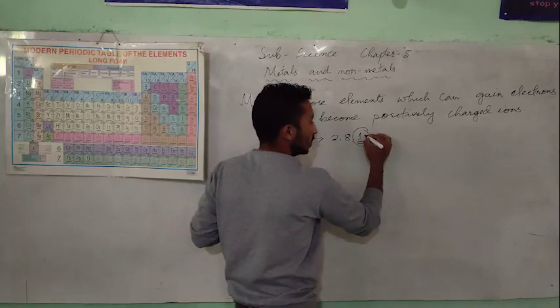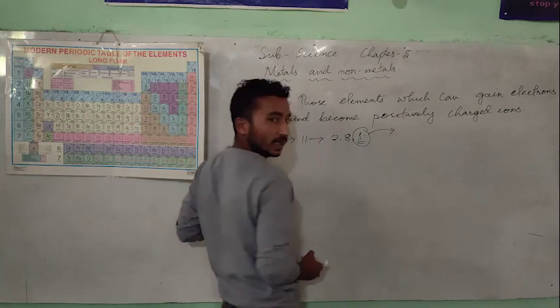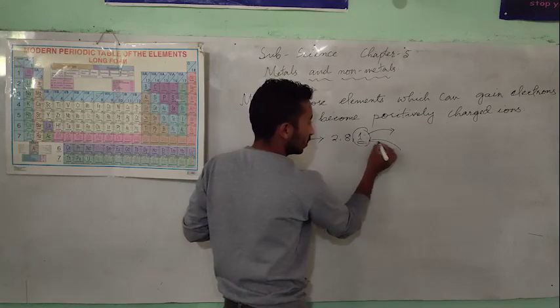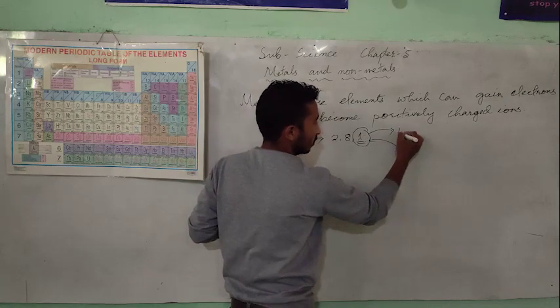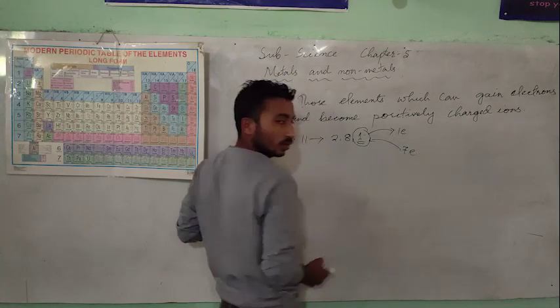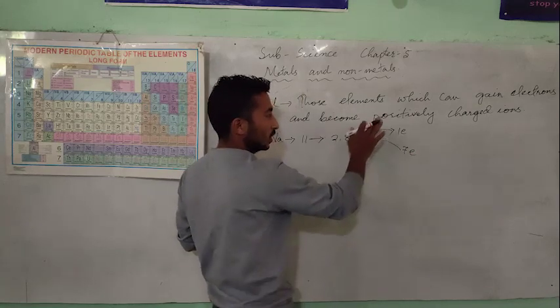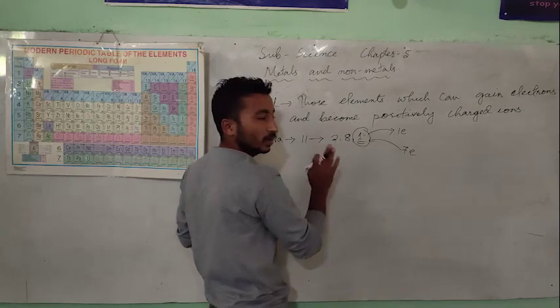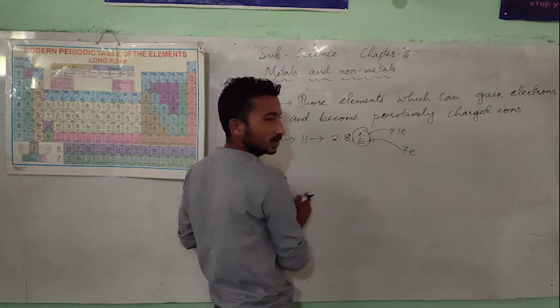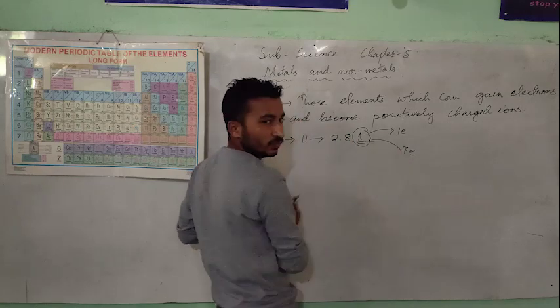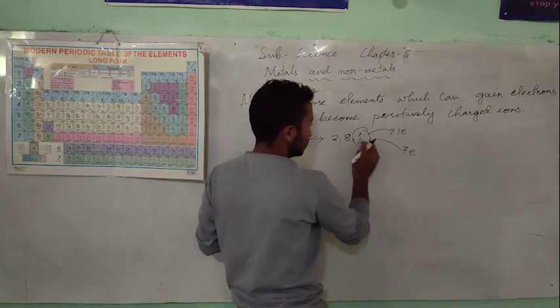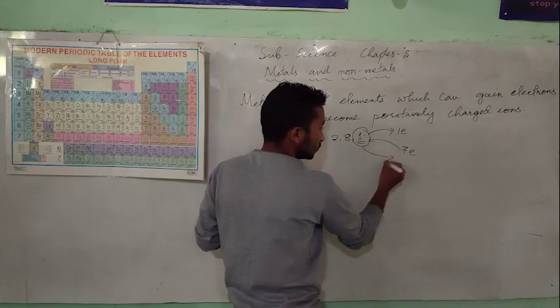For that, sodium needs to lose this 1 electron, or take 7 electrons from outside. Losing 1 electron is easier and requires less energy than gaining 7 electrons, so sodium will give out this 1 electron.